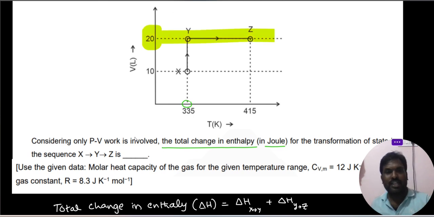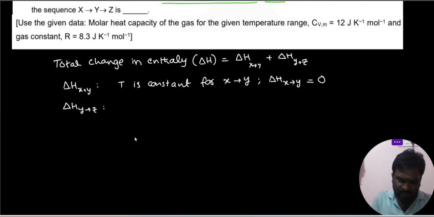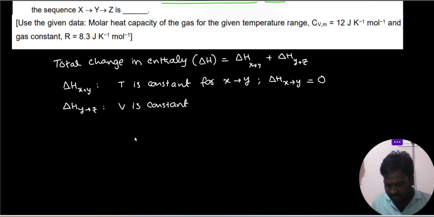For X to Y, temperature is constant, isothermal process, delta H is 0. Here it is an isochoric process, volume is constant. Understood? Now here actually work done is 0.